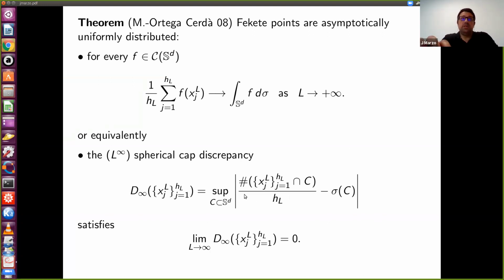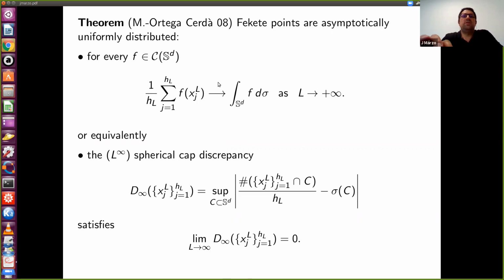And in terms of this object, the spherical cap discrepancy, you have the following. The point is that these points are asymptotically uniformly distributed.